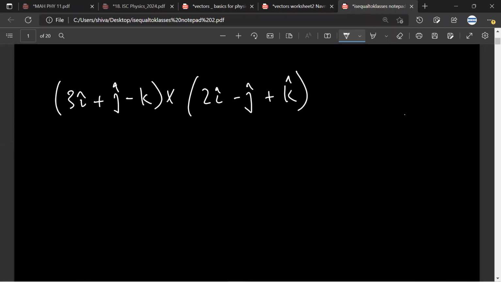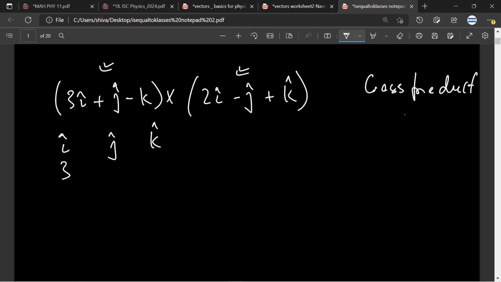Let us assume I want to find the cross product of this vector and this vector. Now, how I write this is there is something called a determinant, and that is what I was trying to tell you, that you will have to watch the lectures and try to solve the questions which are being discussed.